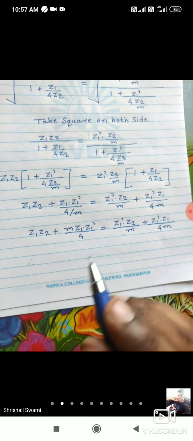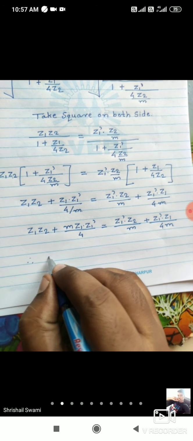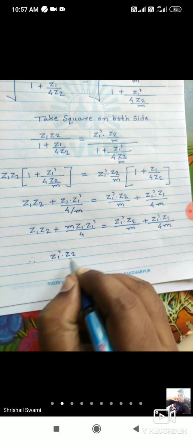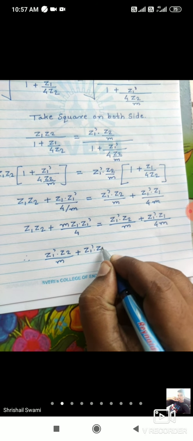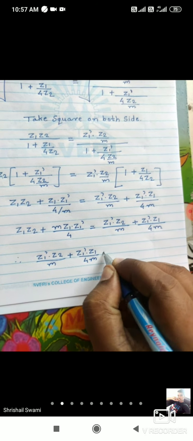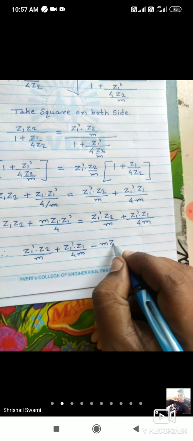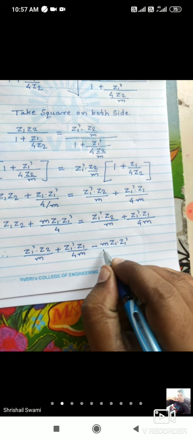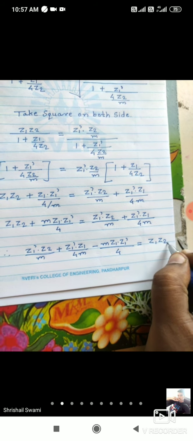Okay, so that we can do Z1 dash into Z2 divided by m plus Z1 dash into Z1 divided by 4m minus, this will go to the right hand side becomes minus m into Z1 dash divided by 4 is equal to Z1 into Z2.